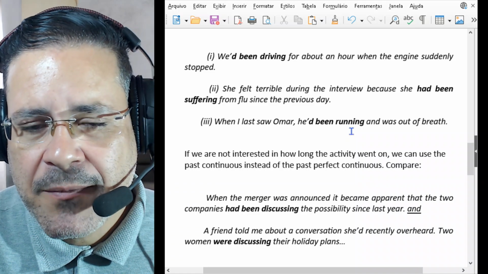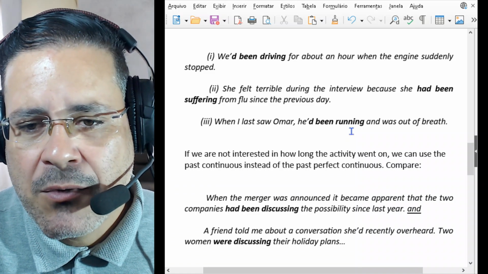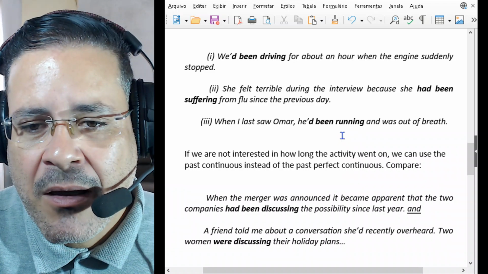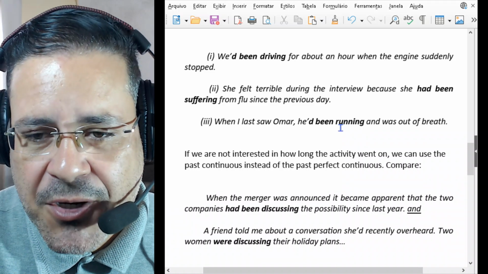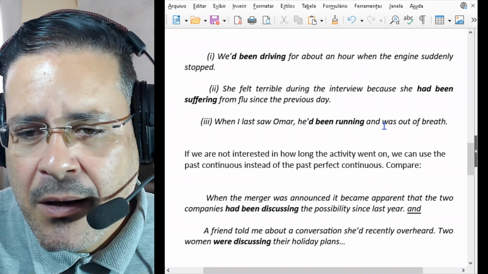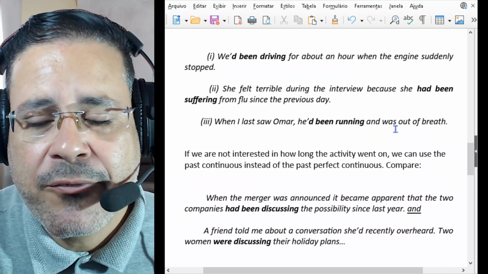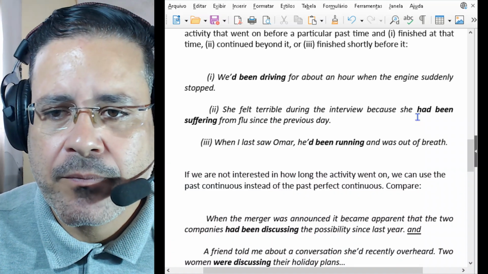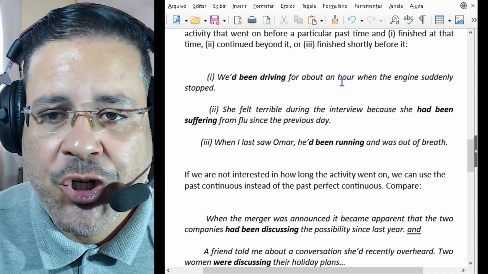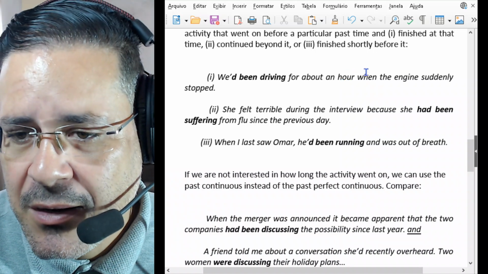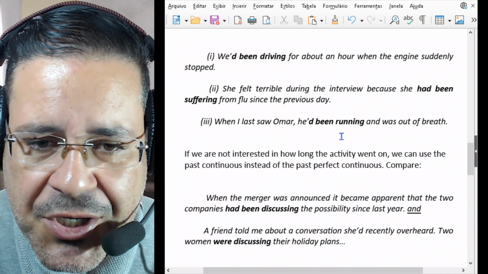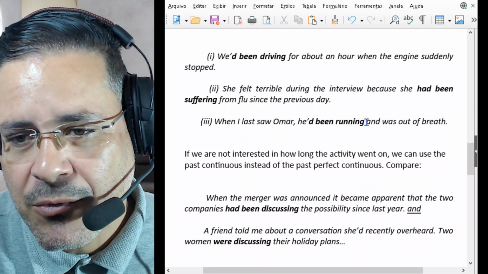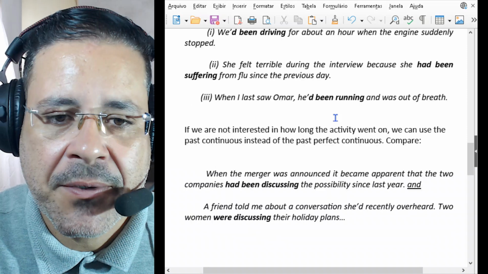Perhaps he'd already stopped and the action of running practically had already finished and I could see that he was out of breath. So the action of running stopped, finished shortly before the second event, which is the action of seeing. When I last saw Omar, he'd already stopped running and was out of breath, just like that.